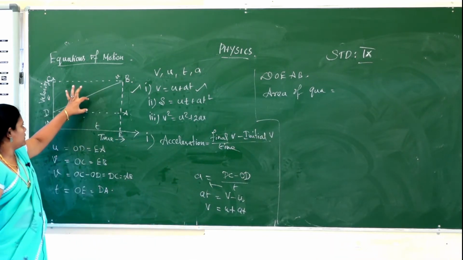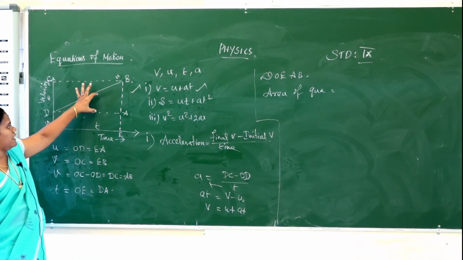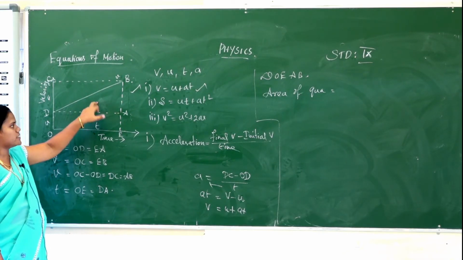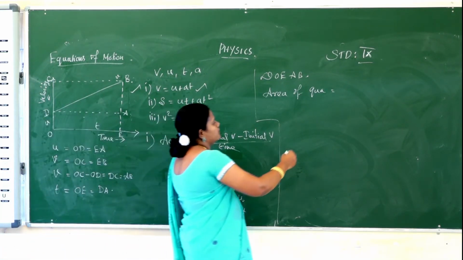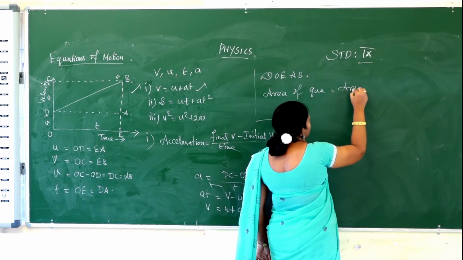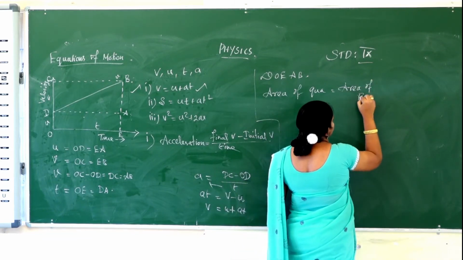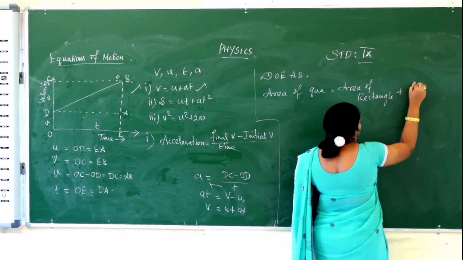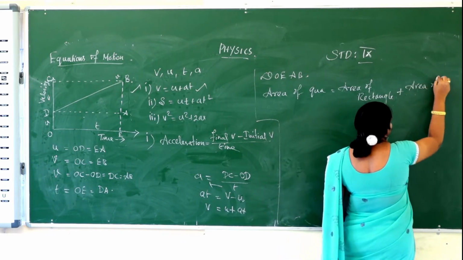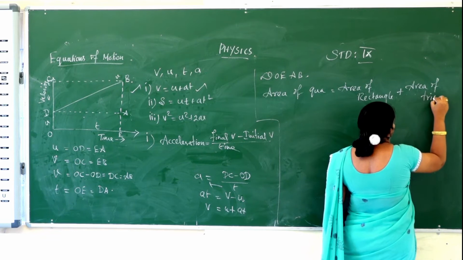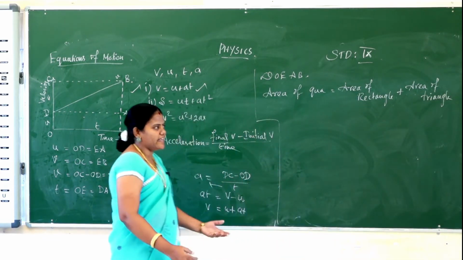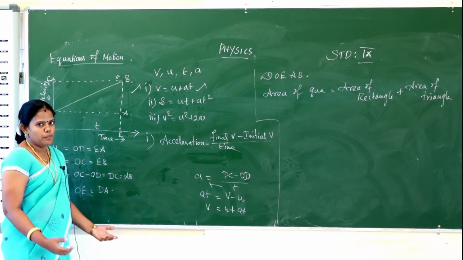So the quadrangle has two shapes, one is a rectangle and another is a triangle. So area of the rectangle plus area of the triangle. What's the formula for area of the rectangle?